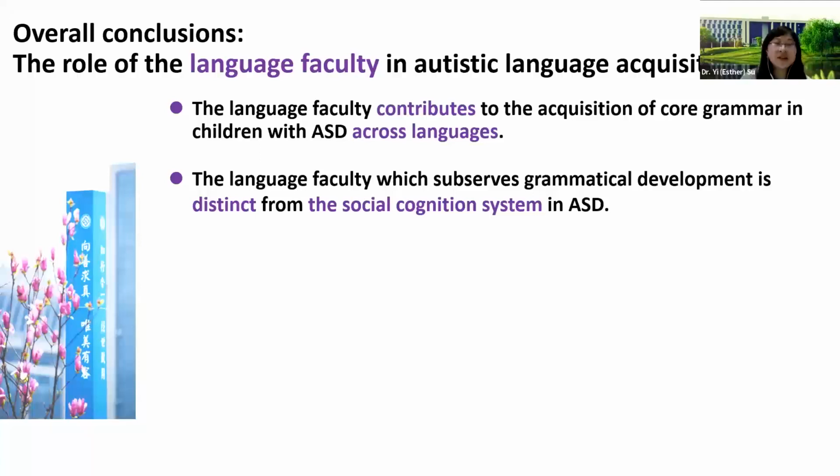And also the language faculty observes grammatical development, which is distinct from the social cognition system in ASD, because remember, all these children with ASD have problems with social communication. So they have preserved grammatical knowledge, which differs from their social cognition system.